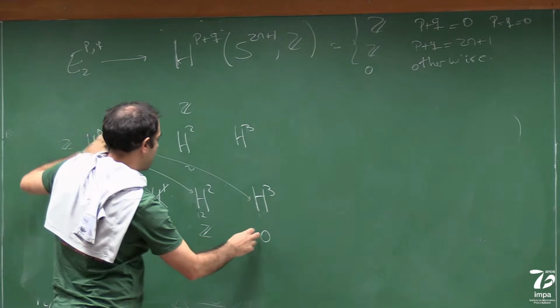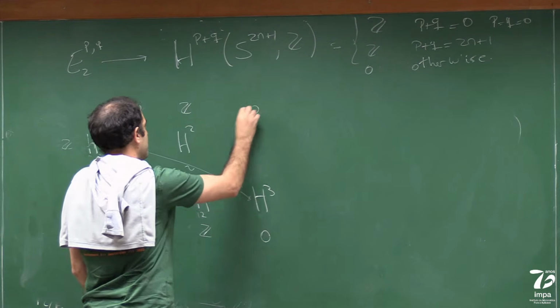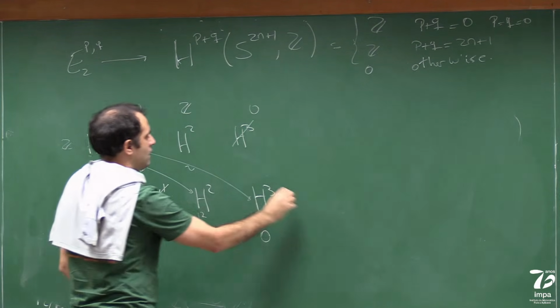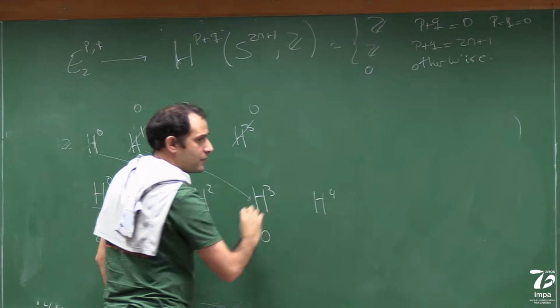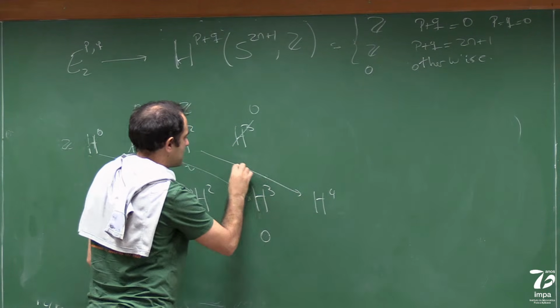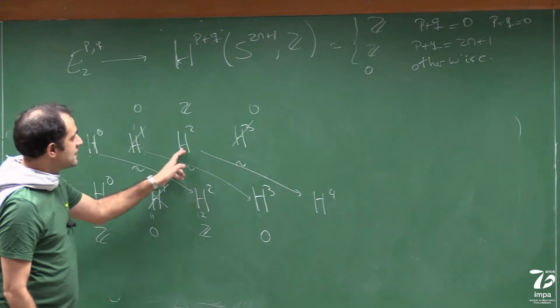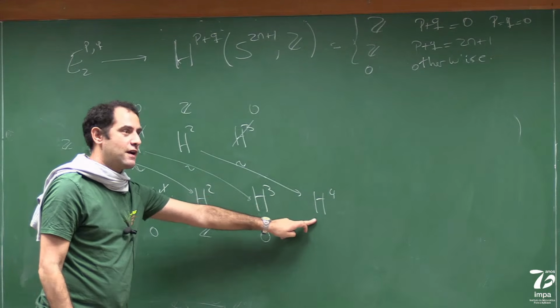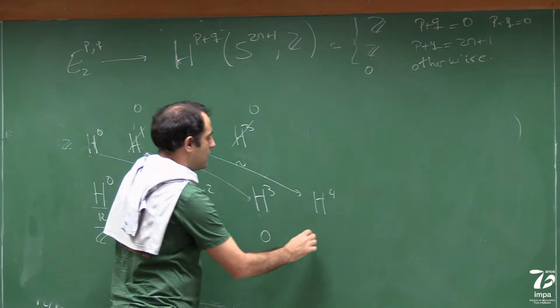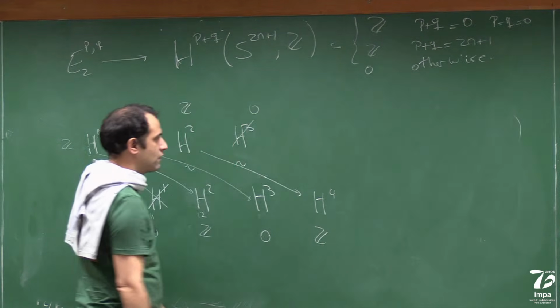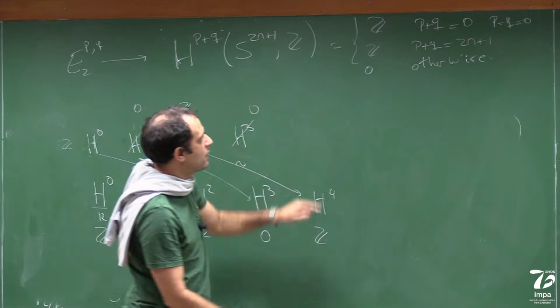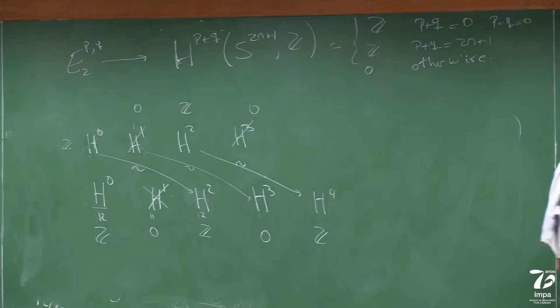So that guy is 0, and then this guy is 0. And this was my Z before. So now I look at H4, and this needs to be an isomorphism, because if this is not an isomorphism, then this guy would survive homology. So now this guy has to be Z, and so forth. And that's how we got those Z's.